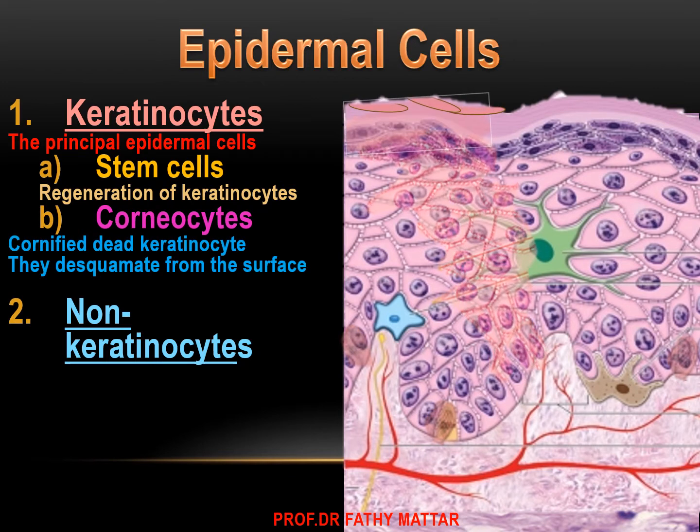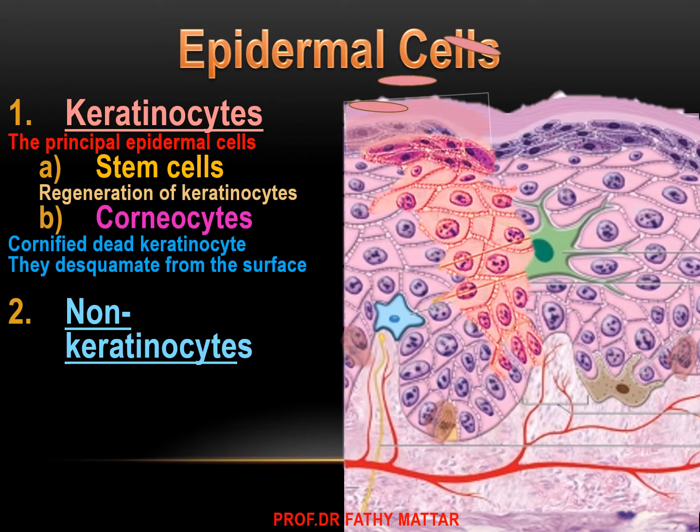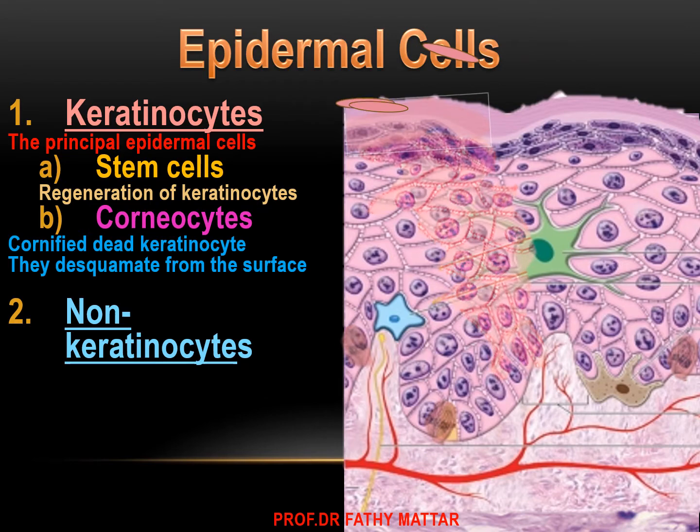And corneocytes on the top of the epidermis, and these corneocytes are dead cells which are continuously peeled from the surface.